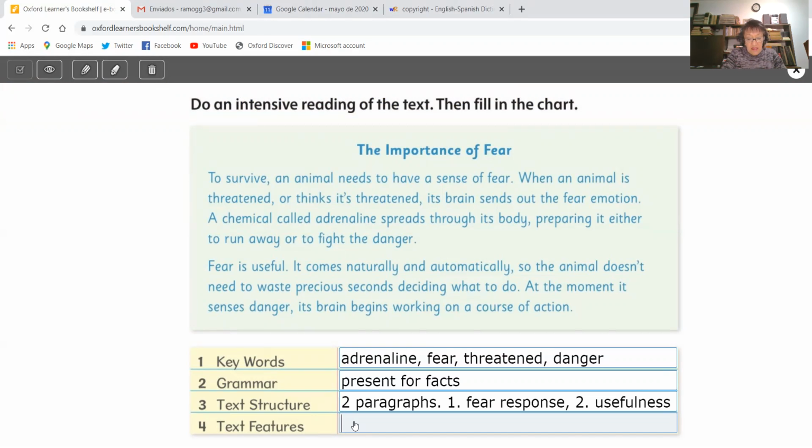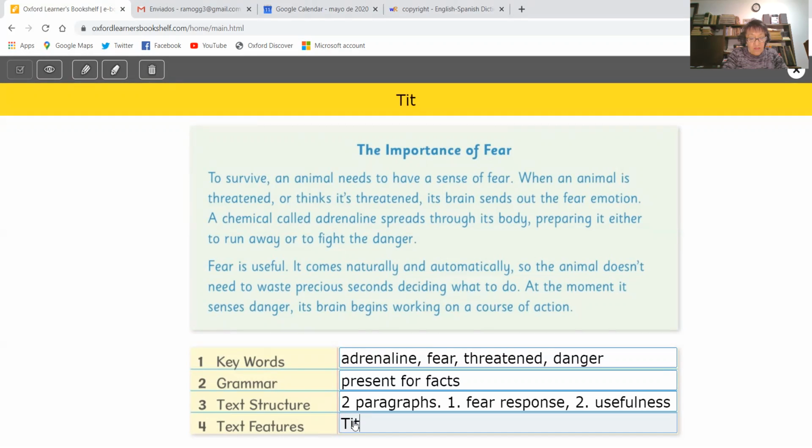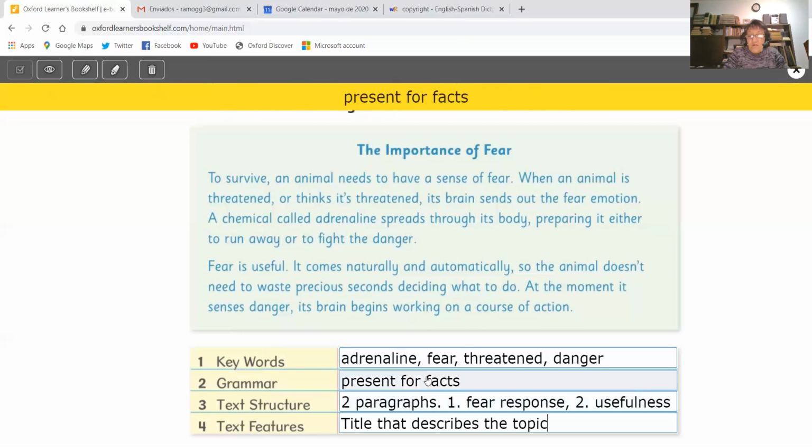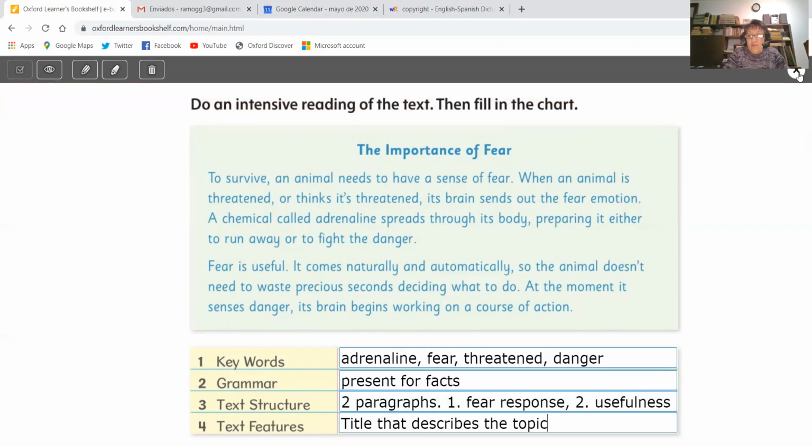Okay, it has a title that describes the topic. You may have different answers, or you may write them in a different way.